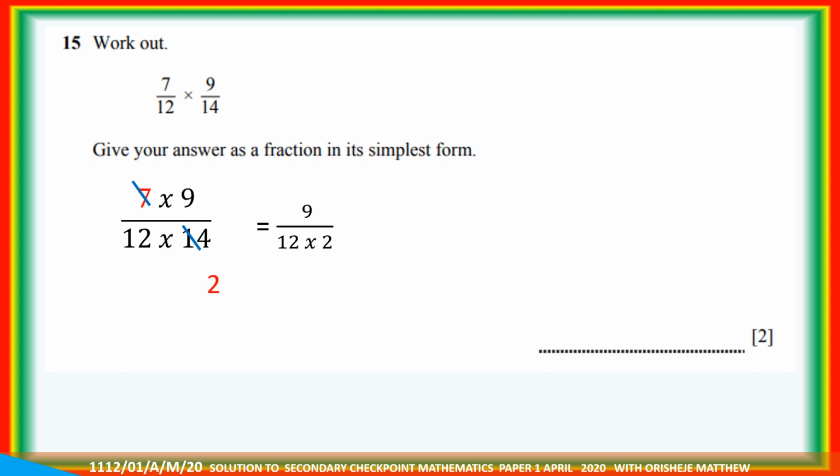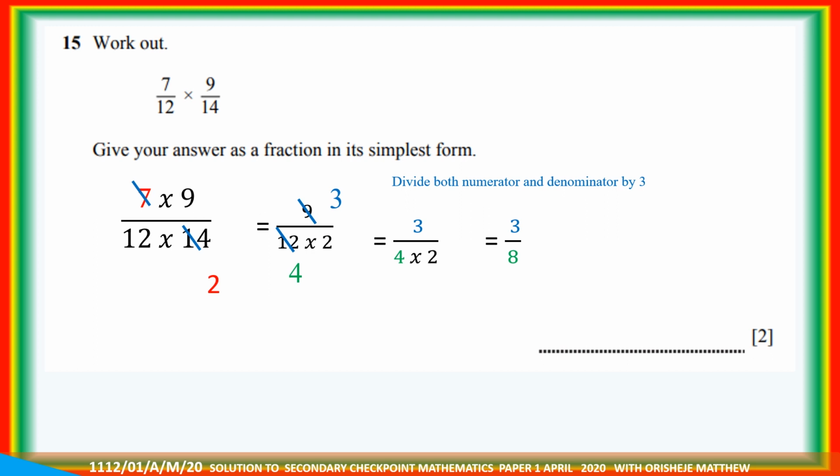So you can divide both the numerator and denominator by 3. 3 divide 9 will give me 3, and 3 divide 12 will give me 4. So that will now leave us with 3 over 4 times 2. So our final answer is going to be 3 over 8. And there is nothing common to the two of them, so that is your answer to question 15.